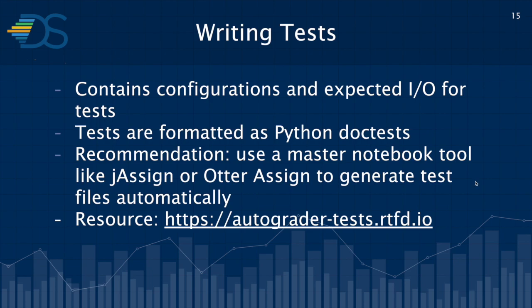And we are also over at DCP in the process of writing this guide, autogradertest.readthedocs.io. That is a guide to autograder test best practices and ways of thinking about the best ways to write tests to make sure that they handle edge cases and that they break for as few students as possible.